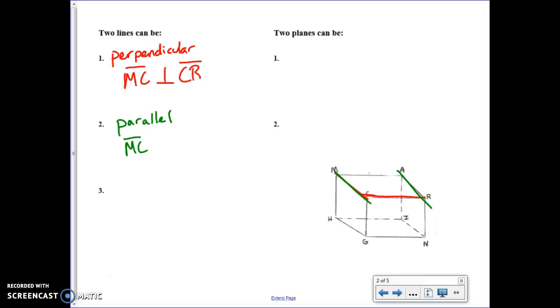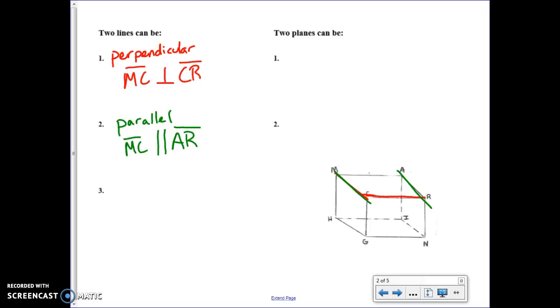If we're talking about the top of that box, those lines are never going to meet. And so our symbol for parallel is these two bars. And we put AR, so the top of the box. MC and AR. Again, you can come up with more examples. MC and HG would be parallel, the side of the box.